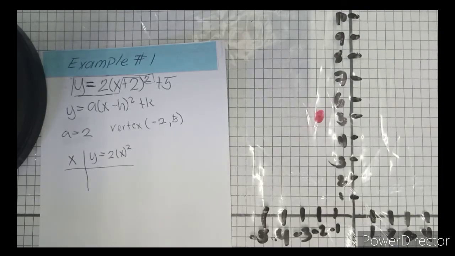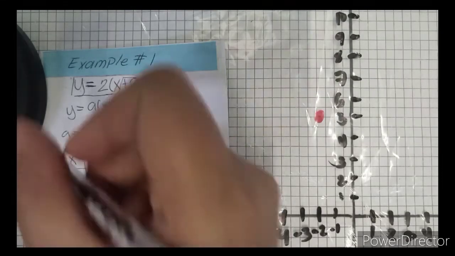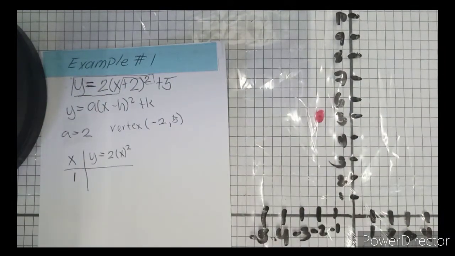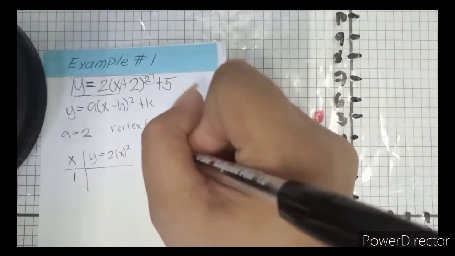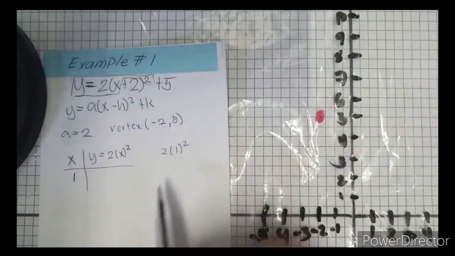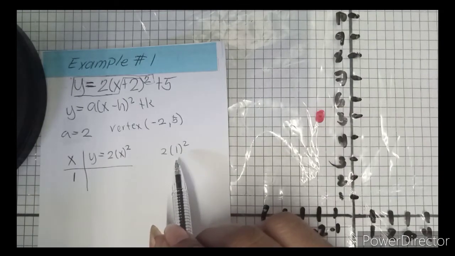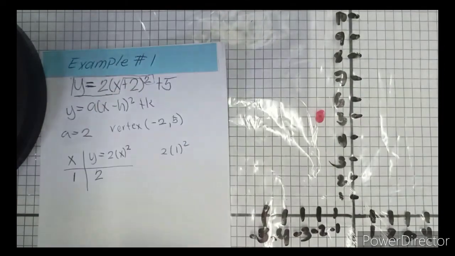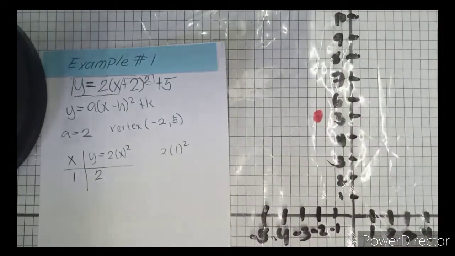Now, let's assign the value of x. Then, i-substitute natin dito. So, first, kunyari, I'll give 1. So, substitute na natin. So, 1 times 1 is 1. 1 times 2 is 2. Okay? So, now, paano yung movement natin?